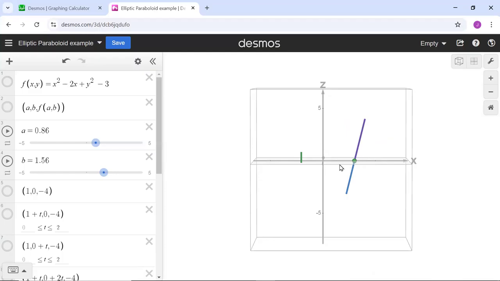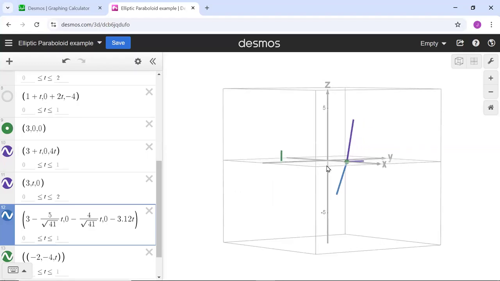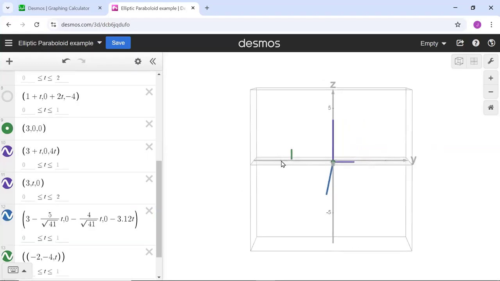As you move in that way, we're moving down at a slope of about 3.12 units as I move in that direction. So as you move that way, we're moving down negative, what was it, 3.12 units.